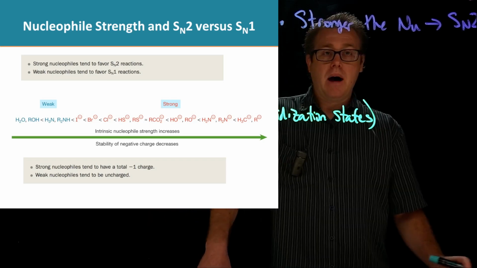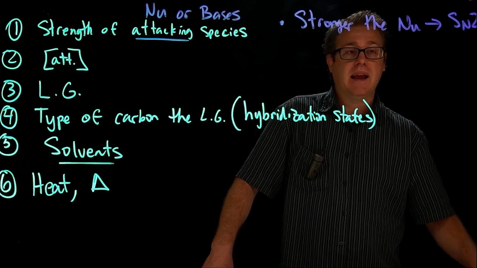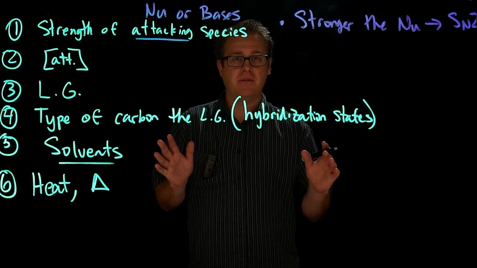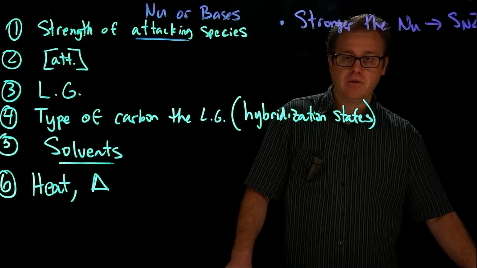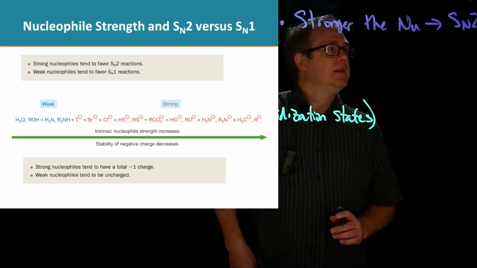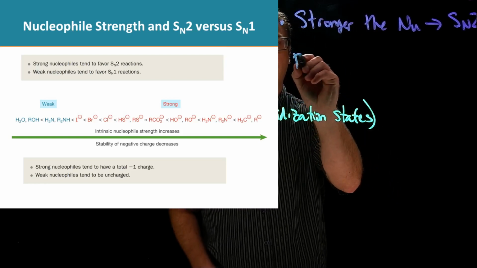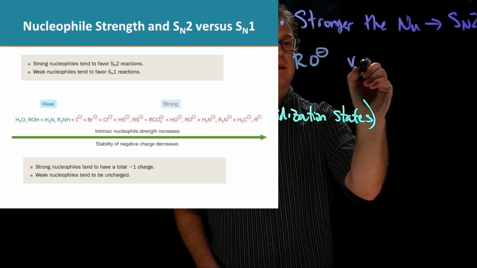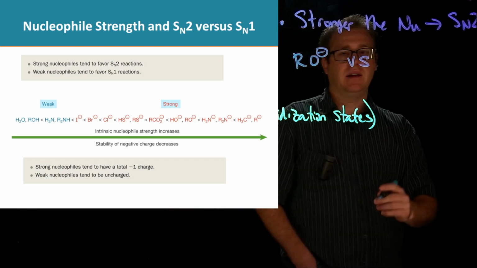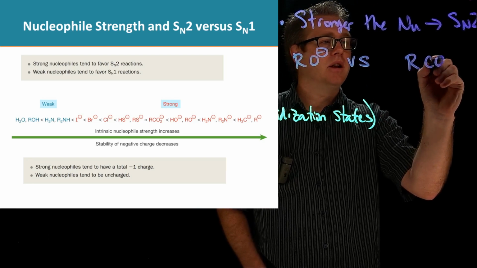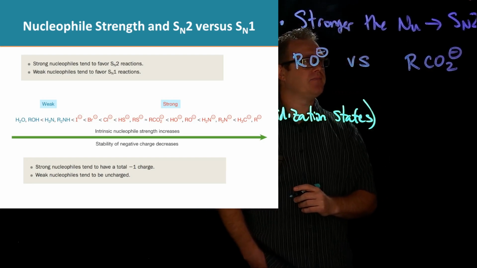But before we look at that, when we take a look at two nucleophiles, how do we know which one is stronger? So if we come back to the PowerPoint slide, let's take a look at that RO minus versus, let's say, the carboxylate, which would be the RCO2 minus. Do you see that on the PowerPoint slide?